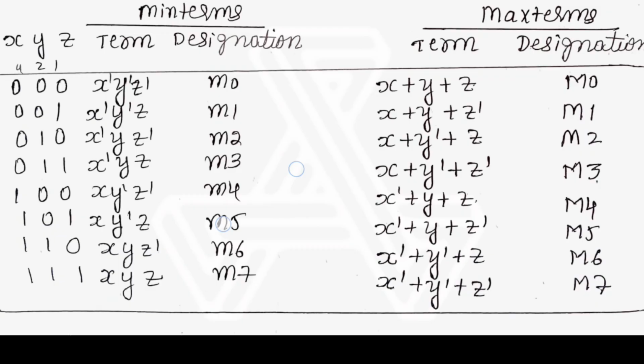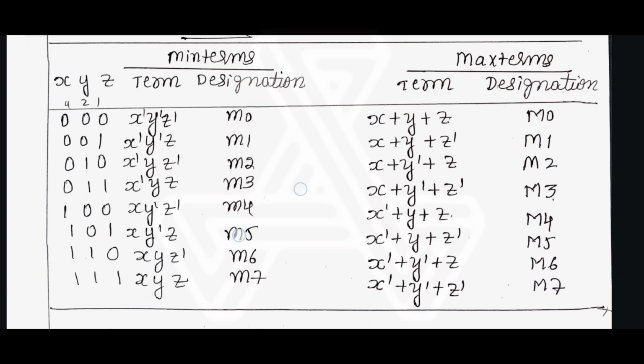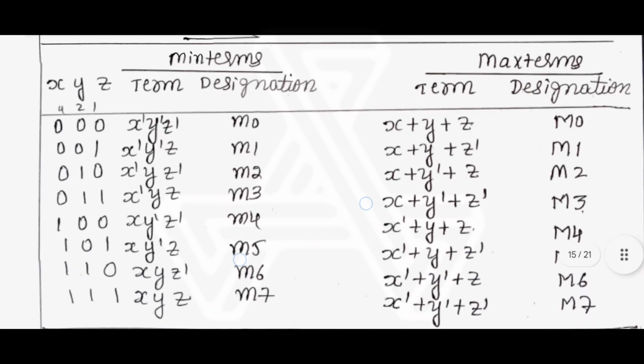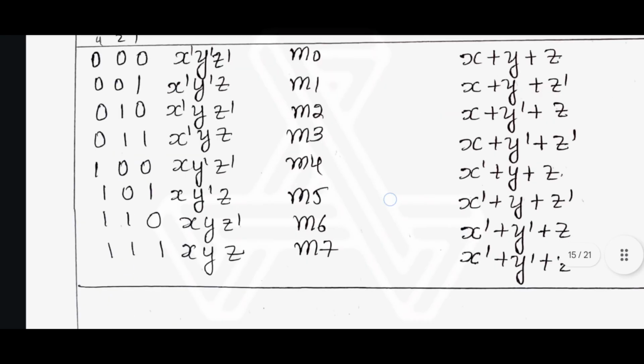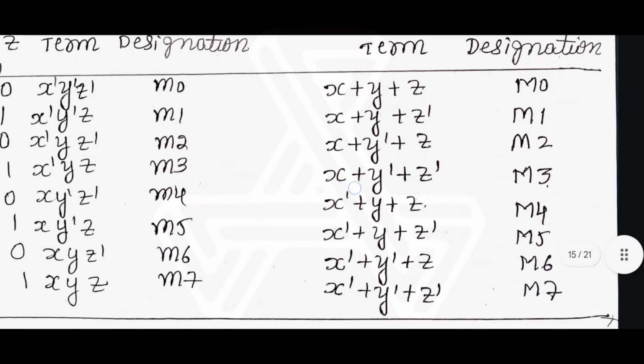Min terms, max terms. We know that the inputs have weights 4, 2 and 1. So here we have x'y'z', x'y'z, x'yz', and in the same way m0, m1, m2, m3, m7 should be taken.